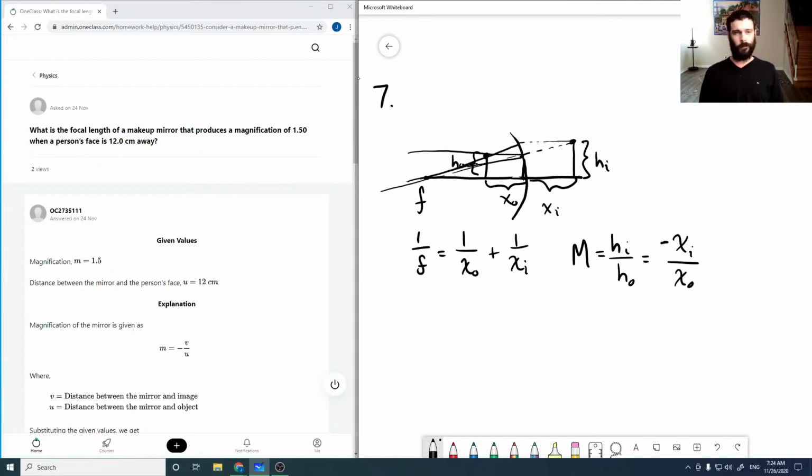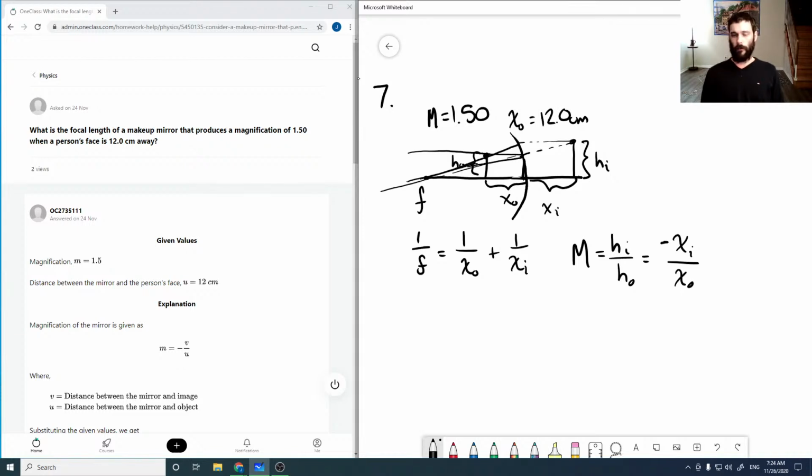So that means that we're given that magnification is 1.50 and that the x for our object is 12.0 centimeters.